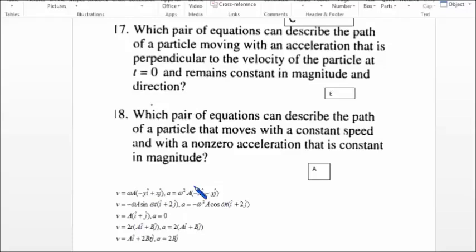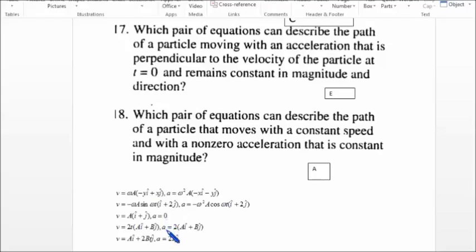Here x is a displacement and y also is a displacement, so this has constant magnitude and also direction. Now the fifth pair also has acceleration of constant magnitude and direction. So the pair of equations which satisfy our conditions will be one of these two pairs.